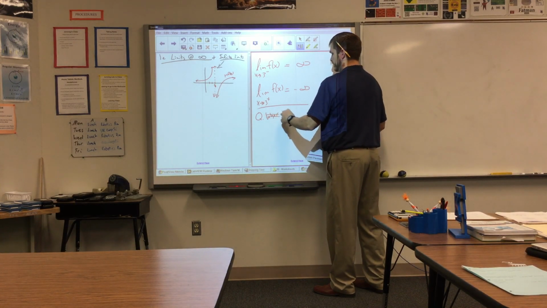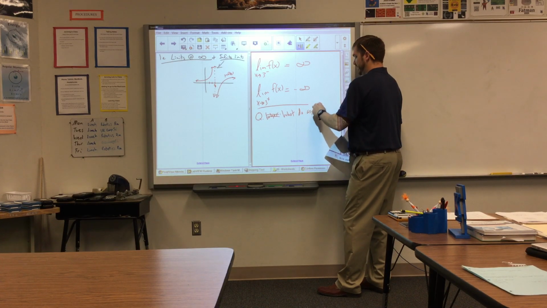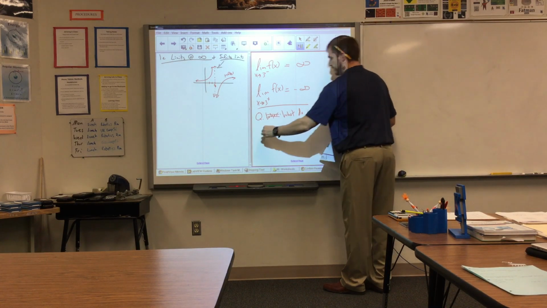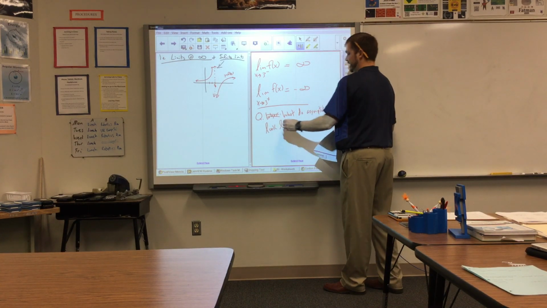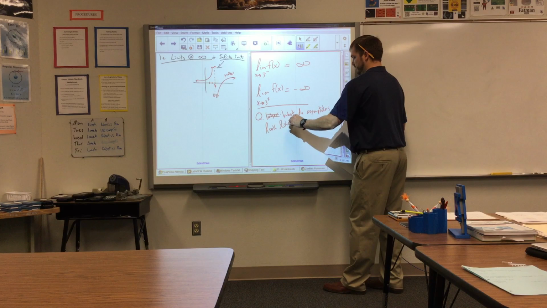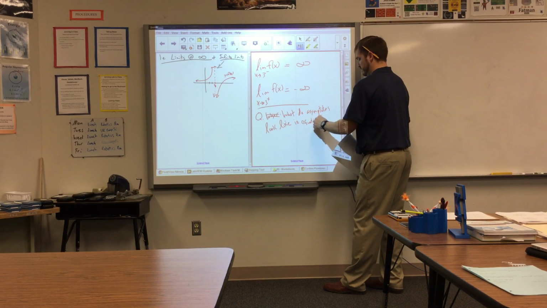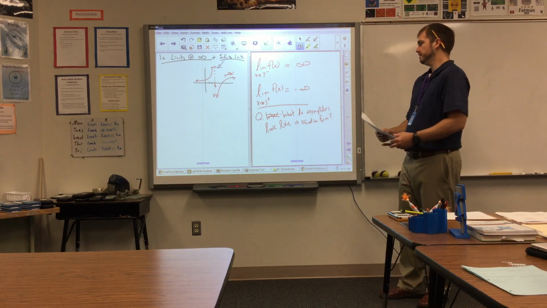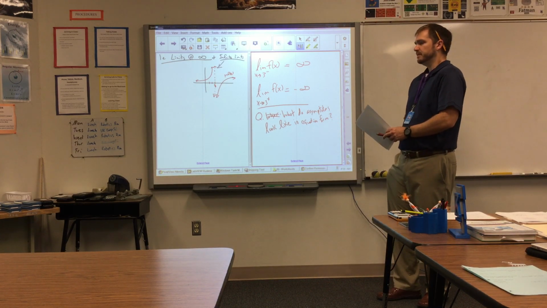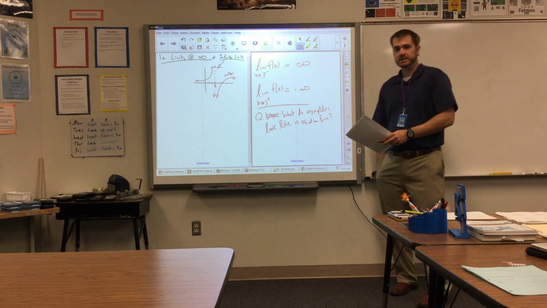Not where, but we can say, what do asymptotes look like in equation form? Anybody want to venture a guess?